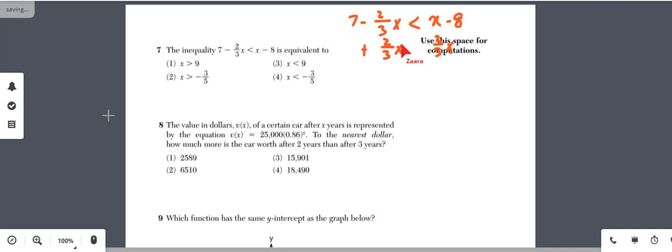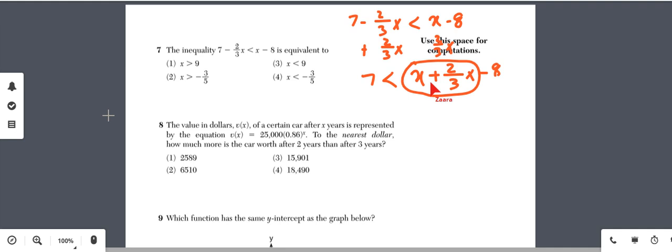By doing that, I will get 7 is less than x plus 2 by 3x minus 8. When I add them, 3 plus 2 is 5, so 7 is less than 5 by 3x minus 8.